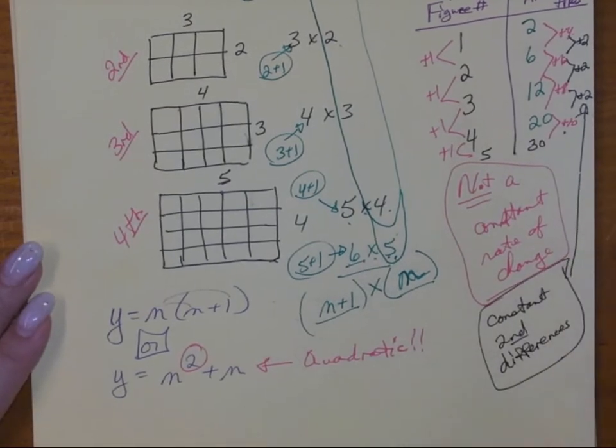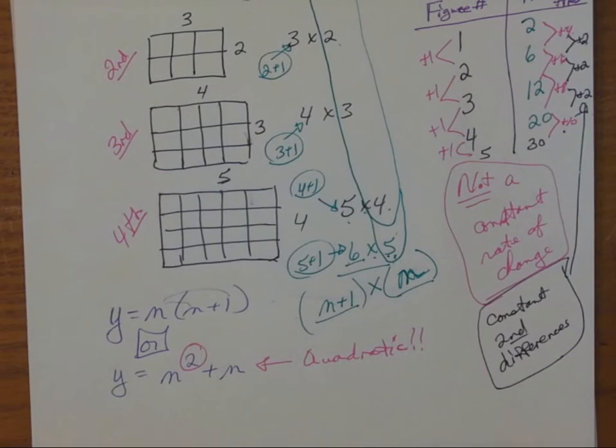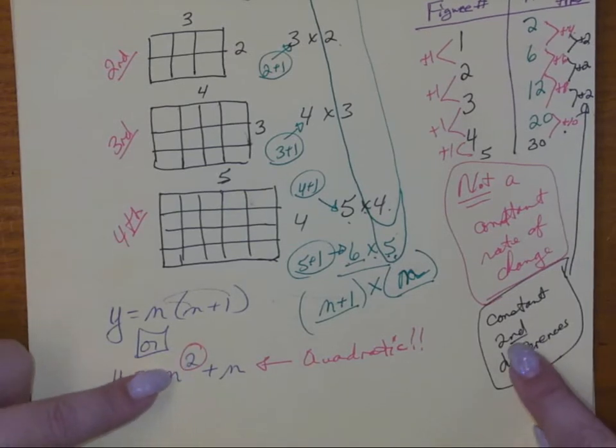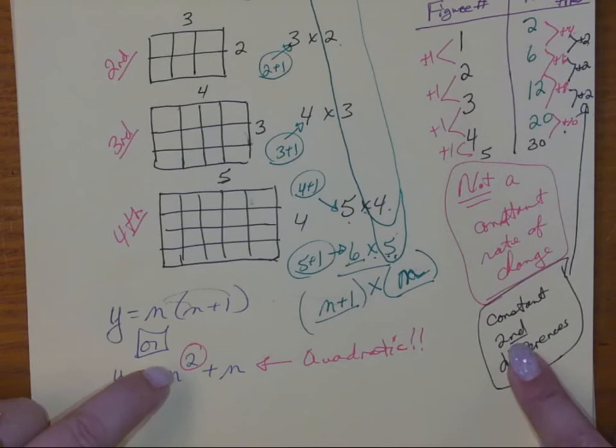Okay, constant second differences. Well, that's interesting, because if I have constant second differences, then I have a quadratic formula. I know that this exponent here is a 2. Constant second differences. I wonder if that's by coincidence, and the answer is absolutely not.